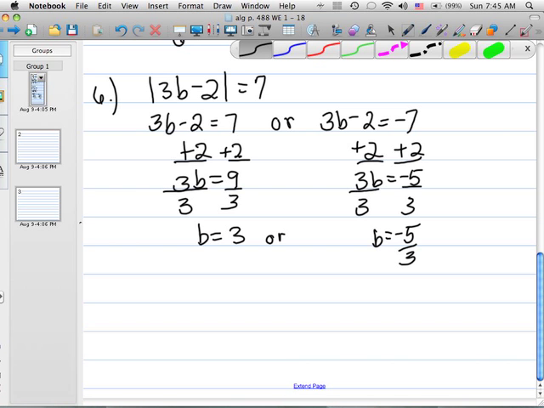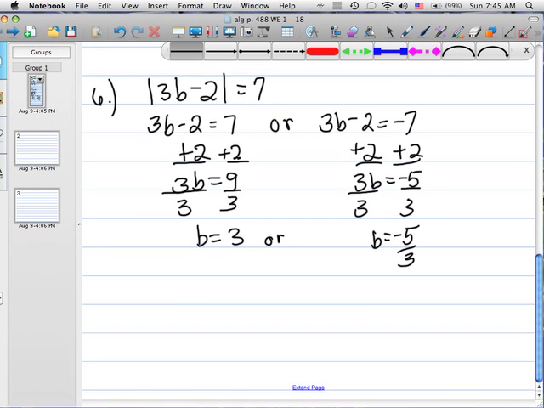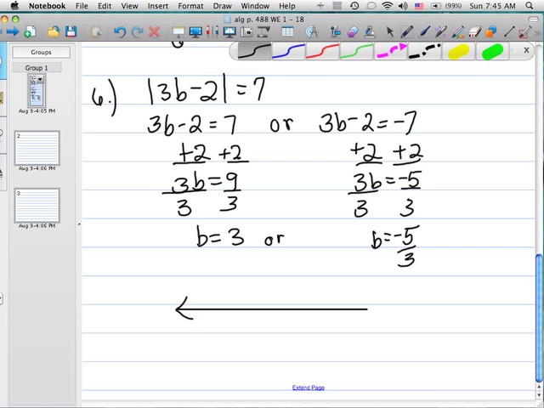And the 3 works, 3 times 3 is 9, take away 2 gives you 7. So graphing it, we have the bullhorns again. So put negative 5/3, that's negative 1 and 2/3, that comes between negative 1 and negative 2, and 3. And you put a dot here and a dot here, and here's your solution.